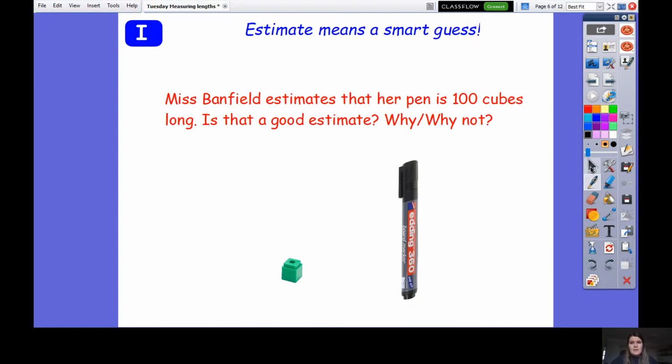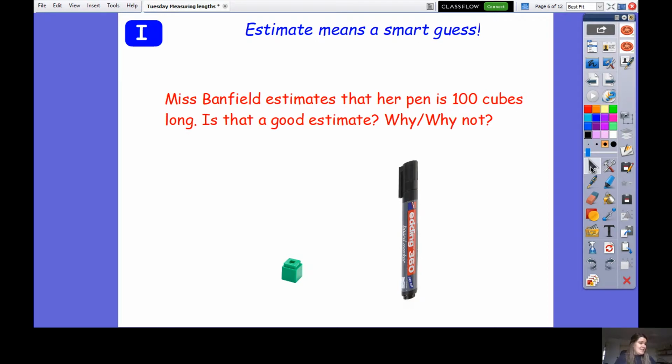So, an example of a smart guess, or not a smart guess, would be this. Miss Bamford estimates that her pen is 100 cubes long. Is that a good estimate? Why do we think it might be a good or not good estimate? 100 cubes?